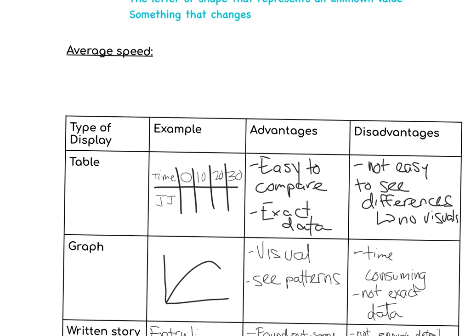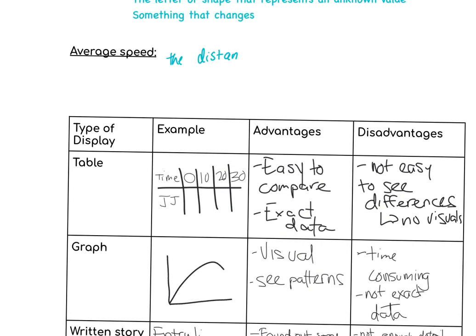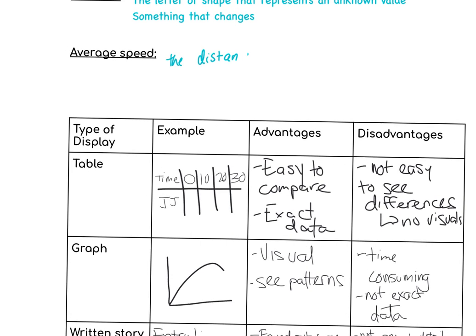And average speed means the number of miles per hour average over an entire trip. Okay, so like the distance traveled over a given time.